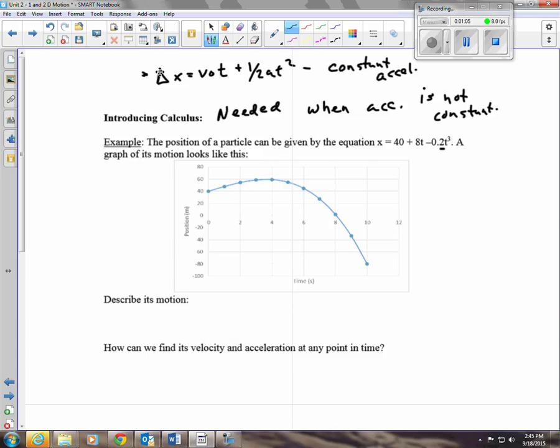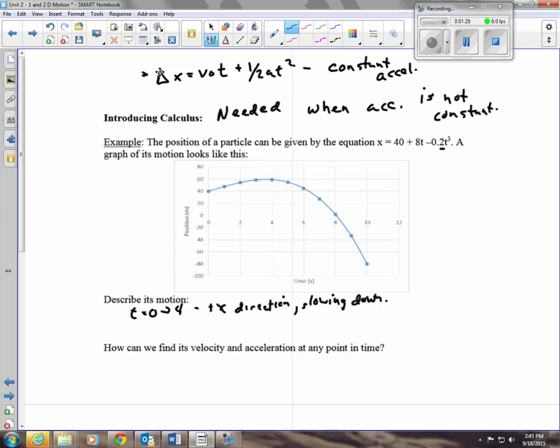So I could do something like describing its motion. If I graph that function, I end up with this curve, and I could say that from t equals 0 to about 4, it is moving in the plus x direction. Maybe it's slowing down gradually.